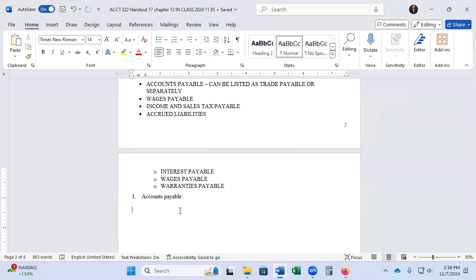Okay. Now we'll talk about accounts payable and how you make the entry for accounts payable. So accounts payable is usually trade accounts for amounts due to suppliers.